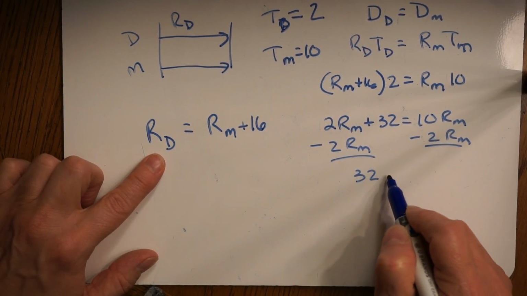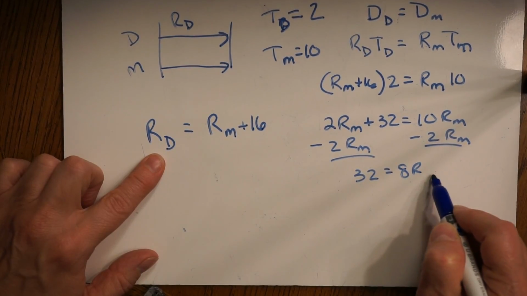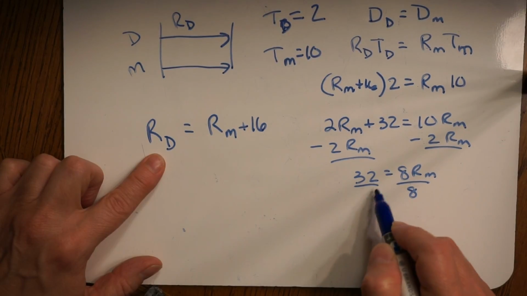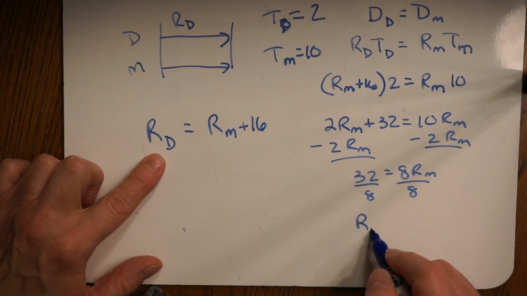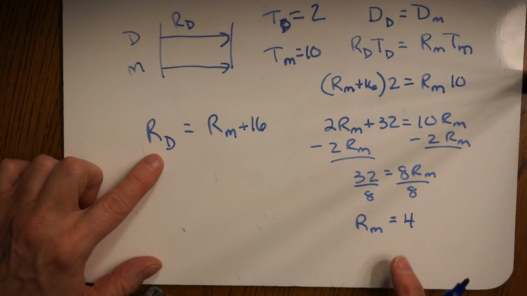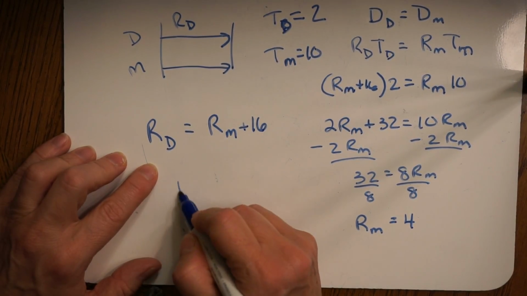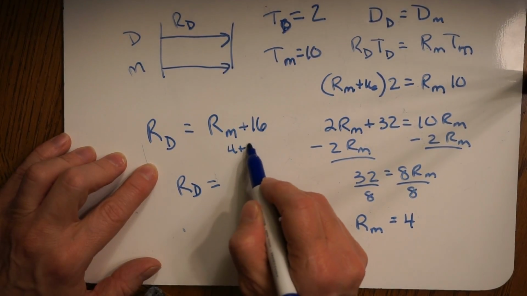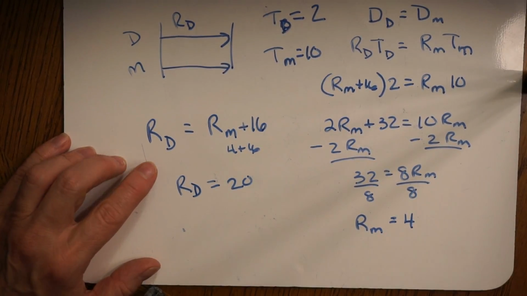So 32 is equal to 8RM. Solve for the variable by dividing each side by 8. Rate of Medill would be 4. If the rate of Medill is 4, the rate of Durant then will be 4 plus 16, which is 20.